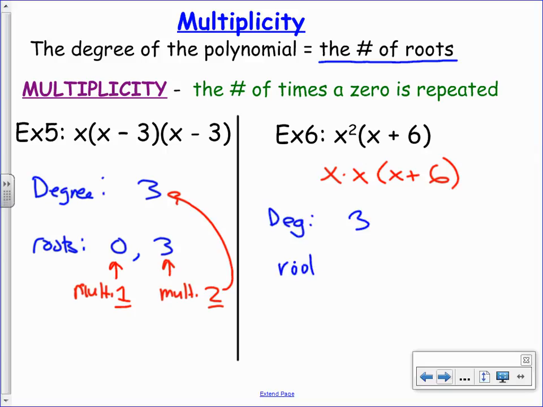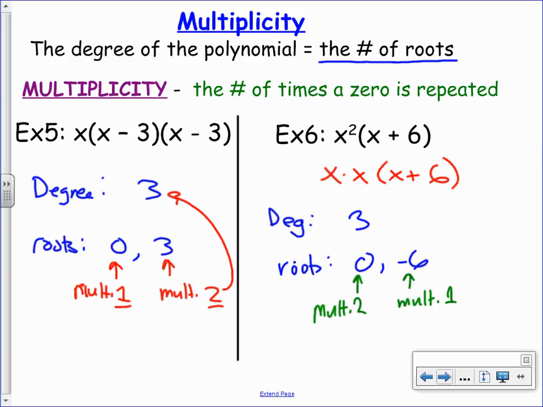Our roots are 0 and -6. 0 is a double root, so it has a multiplicity of 2. And -6 just has a multiplicity of 1. And then you can check it by the degree.